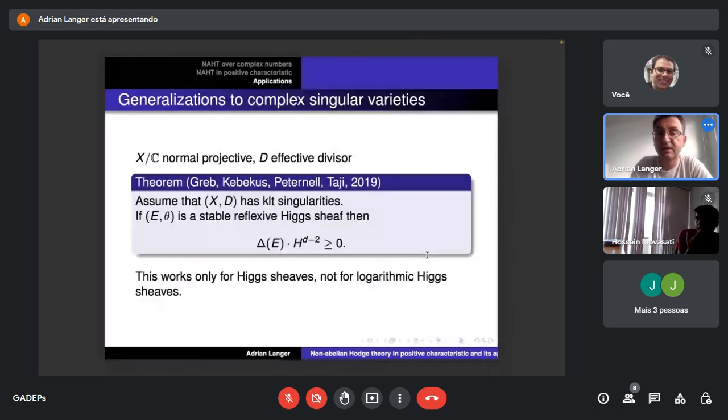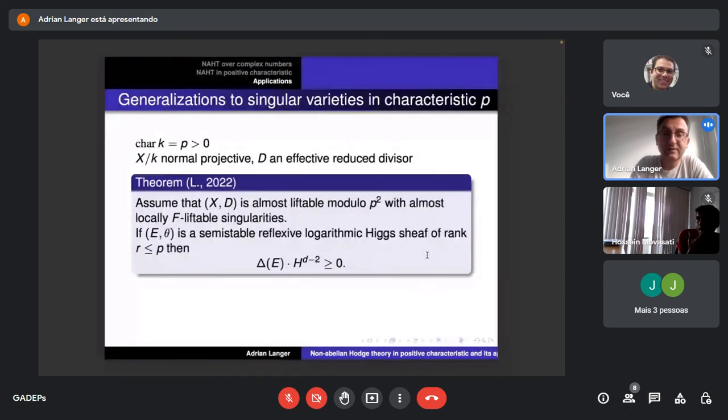If you assume that this pair is, well, you can assume that this is liftable modulo p squared like before, but this is not really necessary. You need something slightly weaker that I call almost liftable.